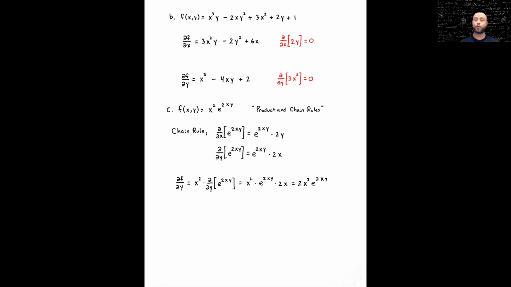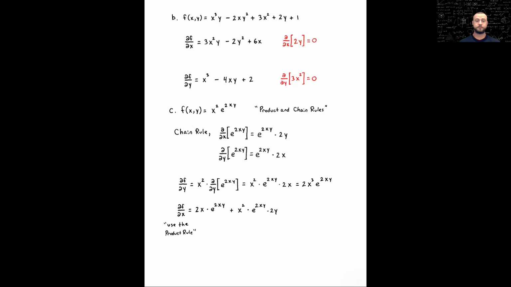All right, let's go through incorporating the product rule for the x partial derivative. We're going to think of this as x squared times the exponential function. Now the product rule we apply by differentiating the first function, keeping the second the same, and then adding to that the first function times the derivative of the second function. Only change now for multivariable functions is we replace derivatives with partial derivatives.